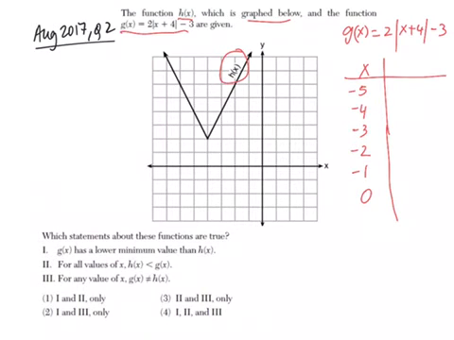So when we put -5, we get g(x) as -1. And then same with -4, we'll get -3. Then if we put -3, we get -1. And then if we put -2, we get +1. Then -1 becomes 3. 0 becomes 5.